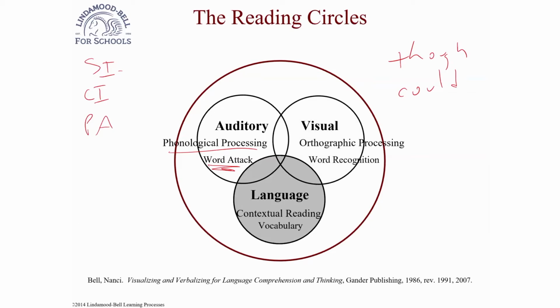Finally, we have the subset of language. Students have to use their vocabulary, their language skills, when looking at text to help with reading fluency. The underlying function of concept imagery, which is the ability to image the gestalt or whole, is necessary when they can't depend solely on word attack or word recognition.